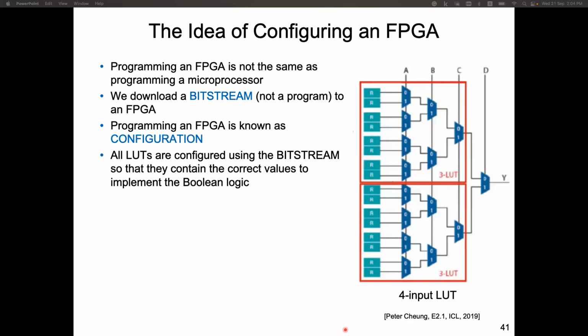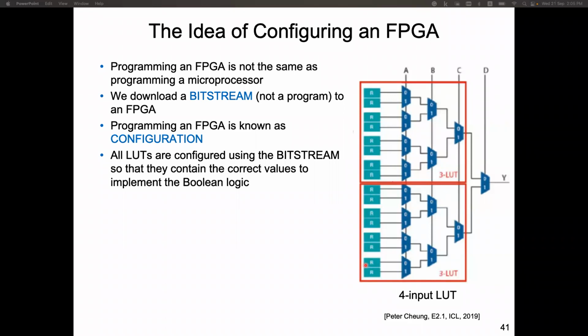They are D-type flip-flops or SRAM cells, depending on the implementation method. We can treat them as registers there. So we download a bit stream to those memory locations. The programming of an FPGA is known as configuration.